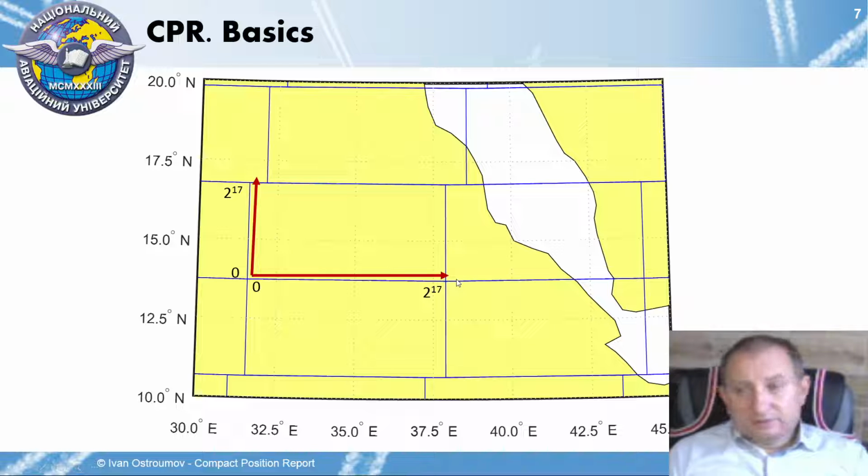That's why the main idea is we need to transform latitude and longitude to particular numbers based on the local reference frame of a particular rectangle. And then this latitude and longitude coded as these numbers we use as the CPR code.